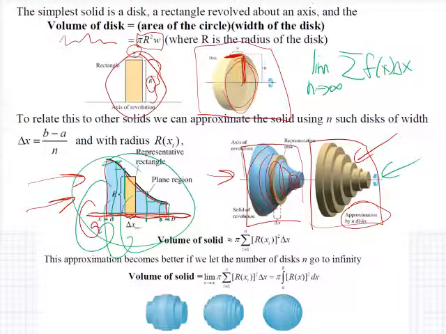What we did was we found the area of the rectangle, which was the height times the width. Remember, delta x represented the width, and delta x was calculated using this b minus a over n. So we had the width, we had the height, which we're going to call, in this case, r, and this gave us the area of one rectangle.